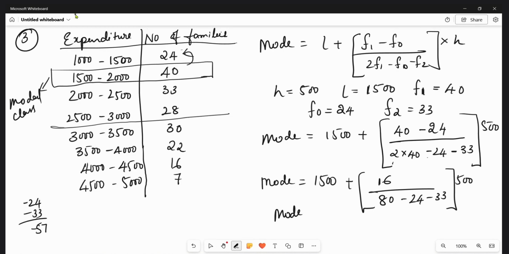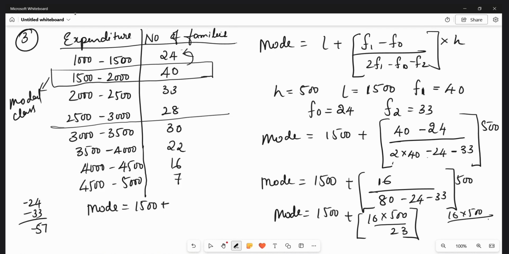Mode is equal to 1500 plus 16 into 500 by 23. Okay, so mode is equal to 1500 plus 16 into 500. How much you will get? 8000 you will get. So 8000 by 23.